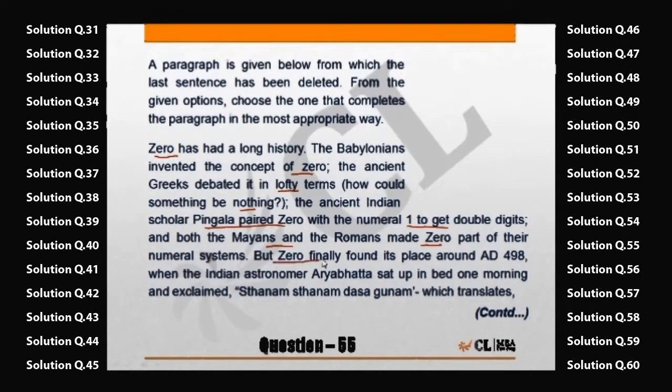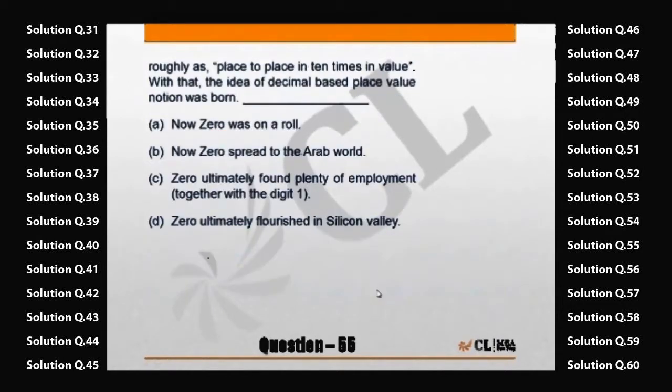But zero finally found its place around AD 498 when the Indian astronomer Aryabhatta sat up in bed one morning and exclaimed, Sthanam Sthanam Dasagunam, which translates roughly as place to place in 10 times in value. With that, the idea of decimal based place value notation was born.